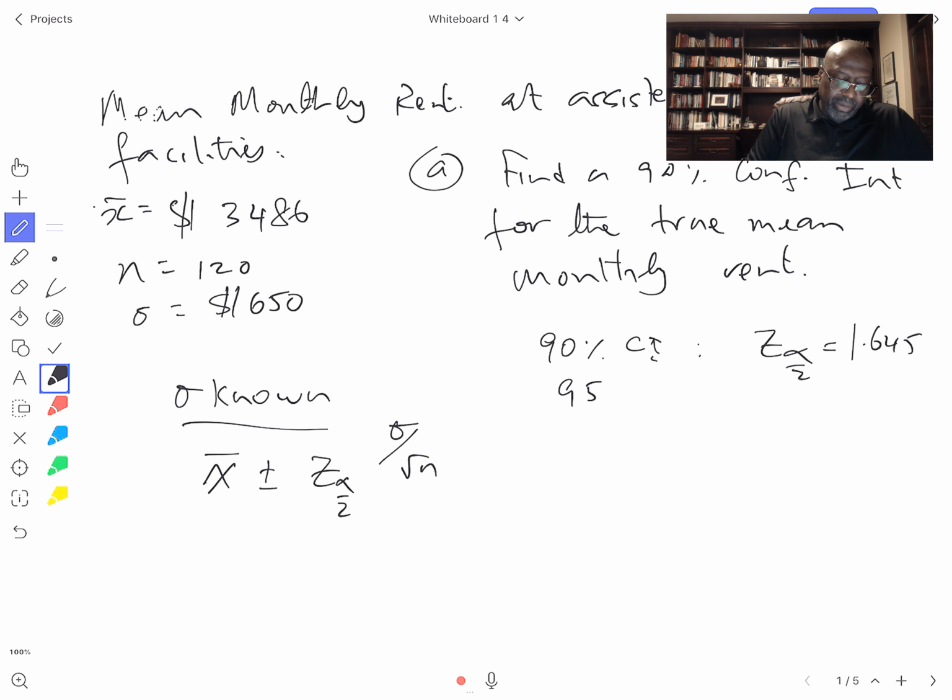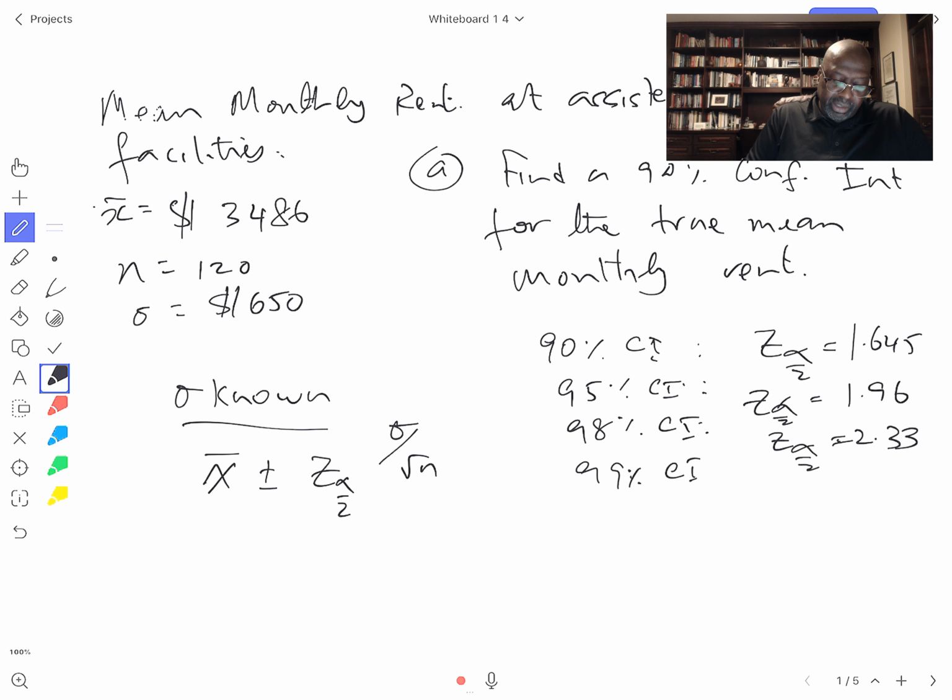For a 95% confidence interval, z alpha over 2 is 1.96, and for 98% confidence interval, z alpha over 2 will be 2.33, and for 99% confidence interval, z alpha over 2 will be 2.575.